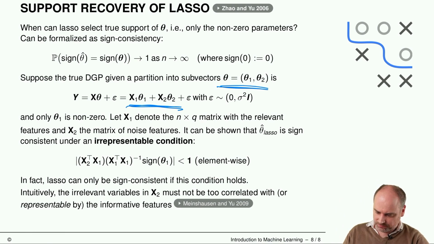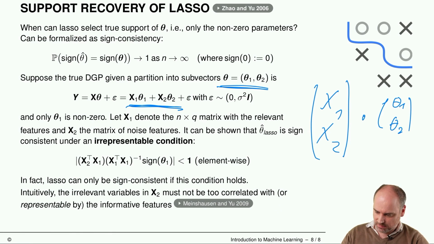And the true model is something linear, made up of these two parts, where we have a design matrix x1 corresponding to theta 1 and x2 corresponding to theta 2. One way you can also visualize that is having your design matrix here made up of two parts, and then you multiply that with your vector theta, again made up of two parts. So this is exactly the same thing.